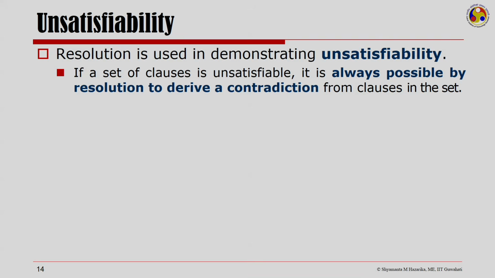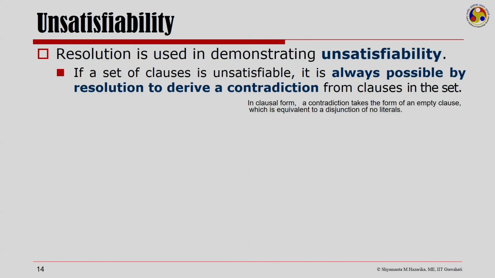Now, let us try and understand what we mean by unsatisfiability, and when can I have unsatisfiability in a set of clauses. Resolution is used in demonstrating unsatisfiability. So, if a set of clauses is unsatisfiable, it is always possible by resolution to derive a contradiction from clauses in the set.